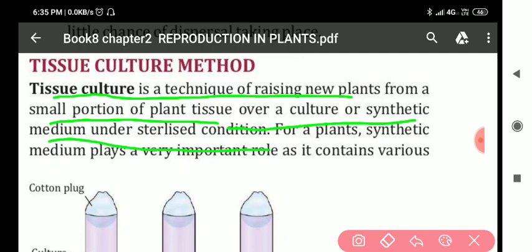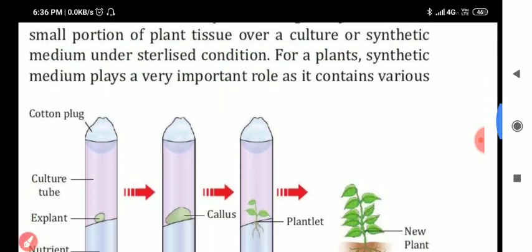This method is known as tissue culture. Let us discuss this tissue culture by the diagram.